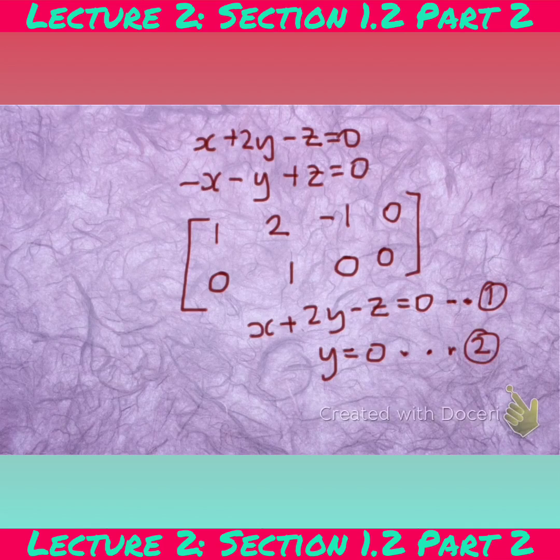So from there we can make y 0 in the first equation. So we get x plus 2 times 0 minus z is equal to 0, and so that implies that x is equal to z.